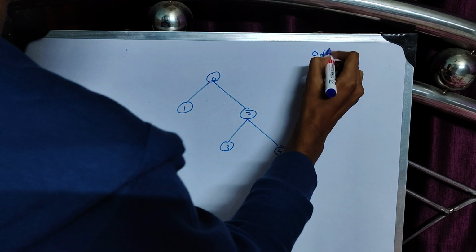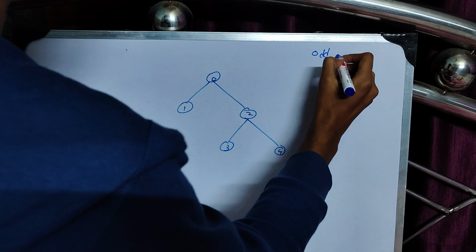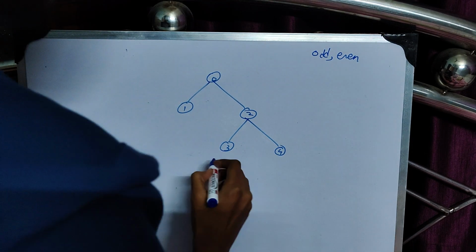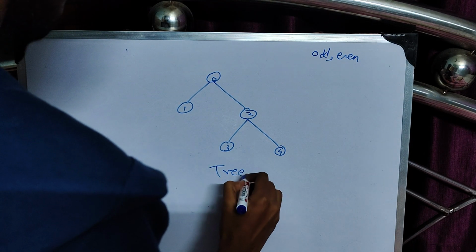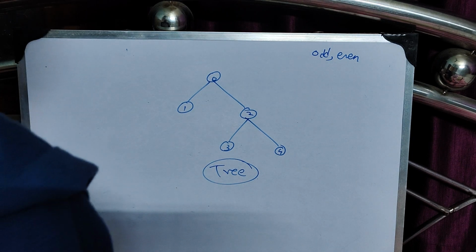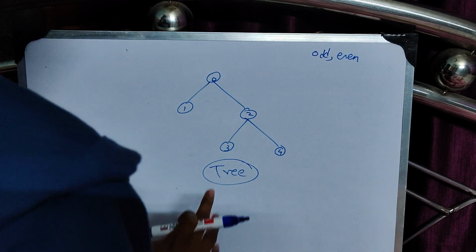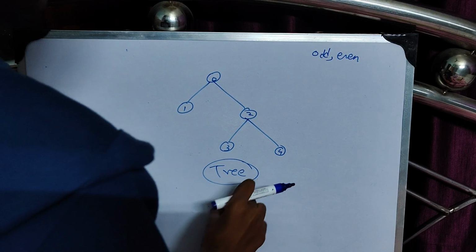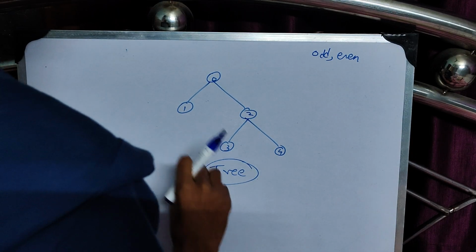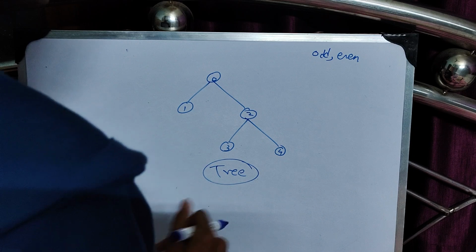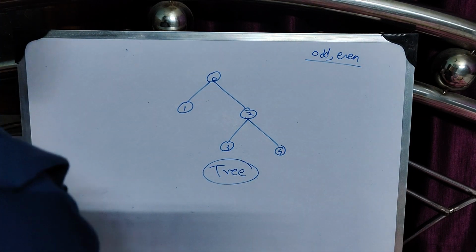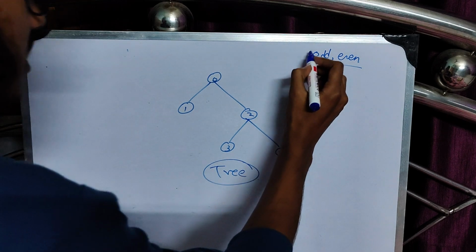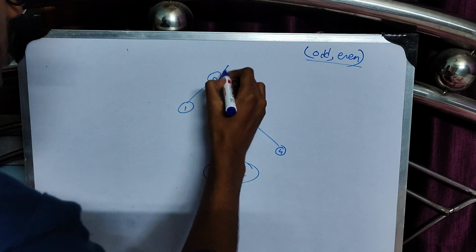I am considering a pair of odd and even number of target nodes for each and every node of this tree. It has no connection with the question, but once you understand this concept, the question will be very easy for you, and we will not get TLE.